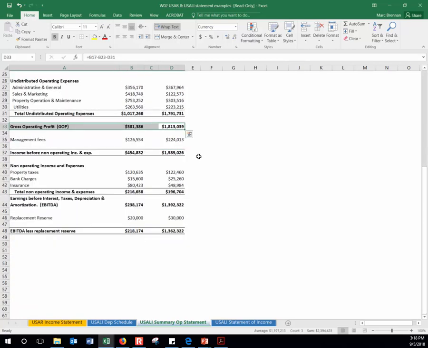From that, we take our management fees to find out our income before non-operating expenses, so your property taxes, bank charges, everything like that. It's everything that I just explained in the PowerPoint. So that would give you your EBITDA less your replacement reserve. Replacement reserve being money that you're putting aside to replace things as you go. So you want to make sure you always have money on hand for that.